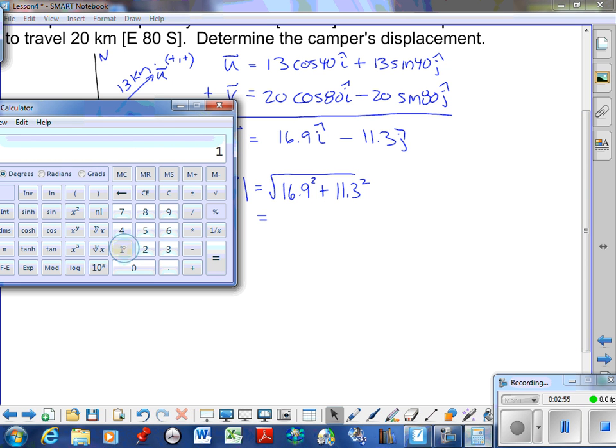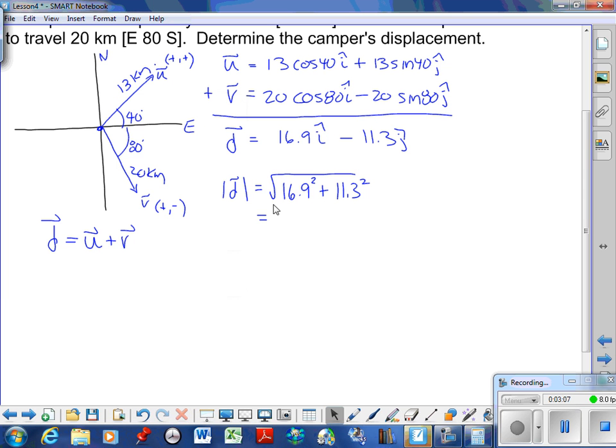So we end up with 16.9 squared plus 11.3 squared, and we'll take the square root of that, to the power of 0.5. And I get 20.3 kilometers. So she traveled 33 kilometers, but she's only 20.3 away from where she started the day.